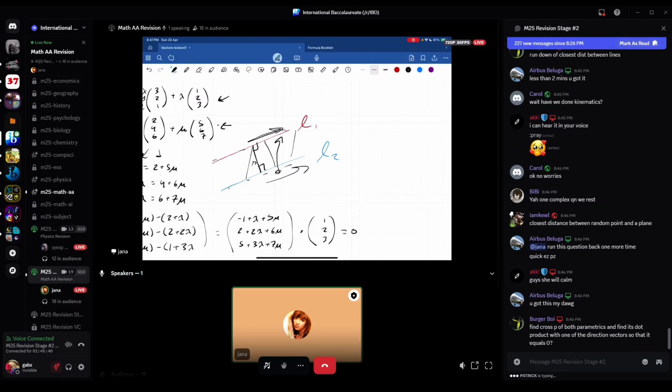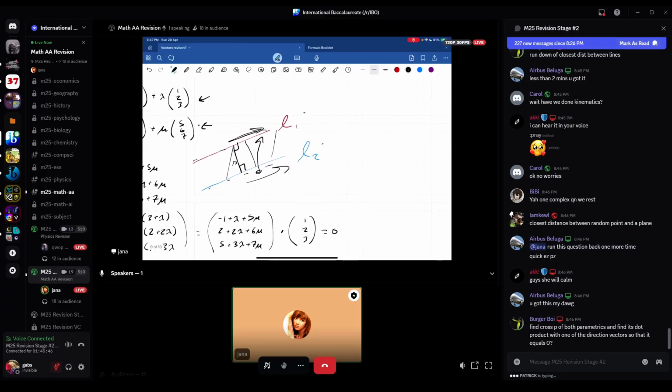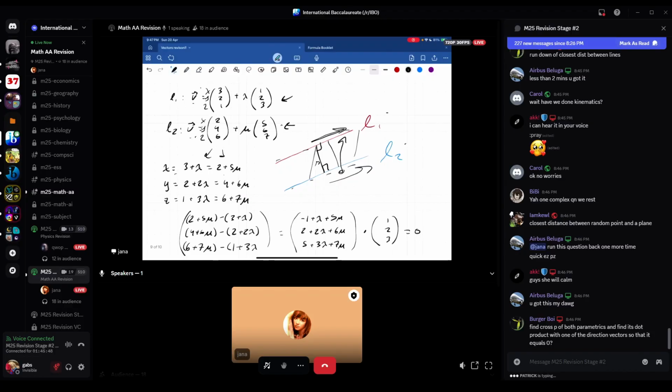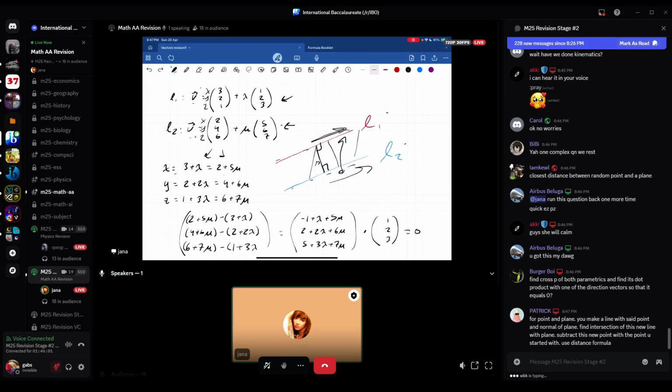So if we get the direction vector from this line to this line, we can dot it with this direction and equate it to 0 because they're perpendicular. Then you can dot it with this one and equate it to 0 too. Then you can solve simultaneously for lambda and mu.